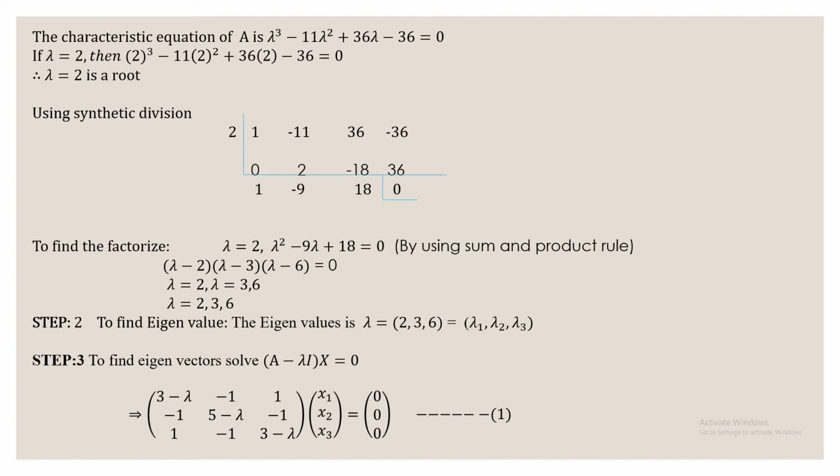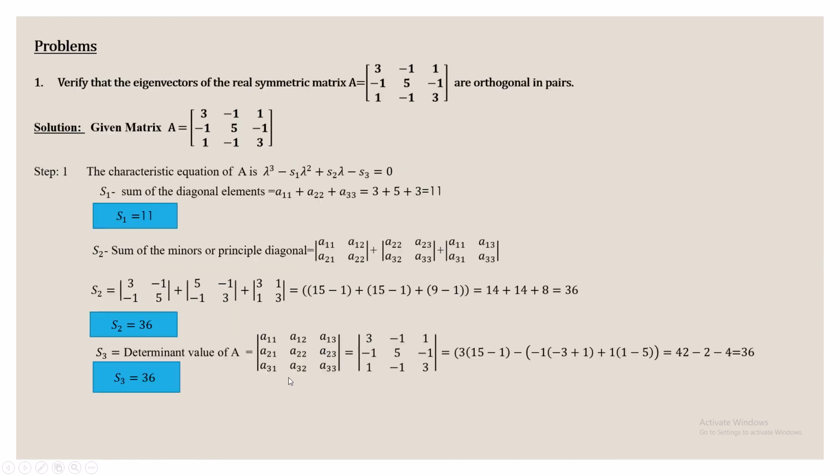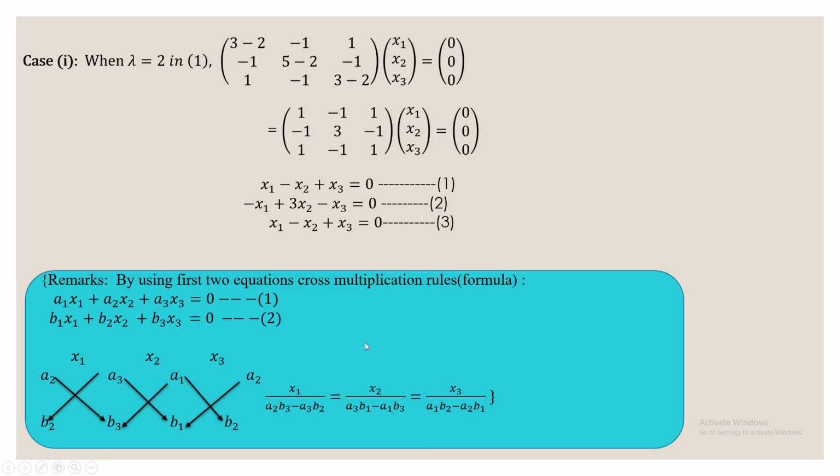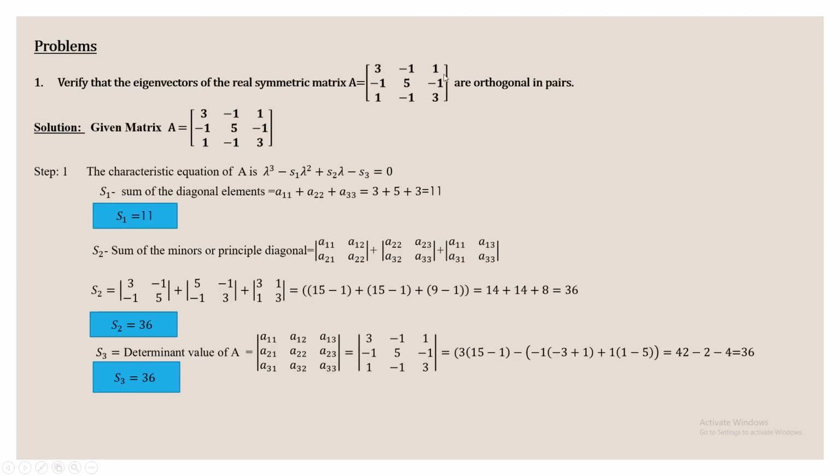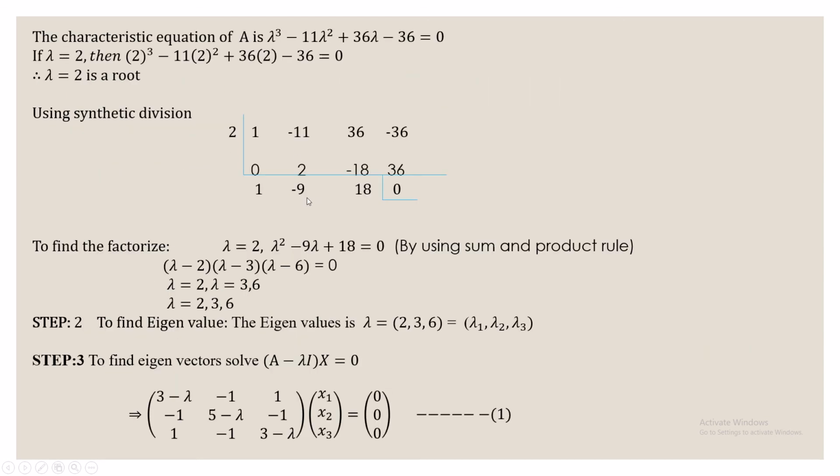Solve A minus lambda I of x equal to 0. How can you solve this? First you have to write the given matrix A, which you already know: 3 minus 1 1, minus 1 5 minus 1, 1 minus 1 3.